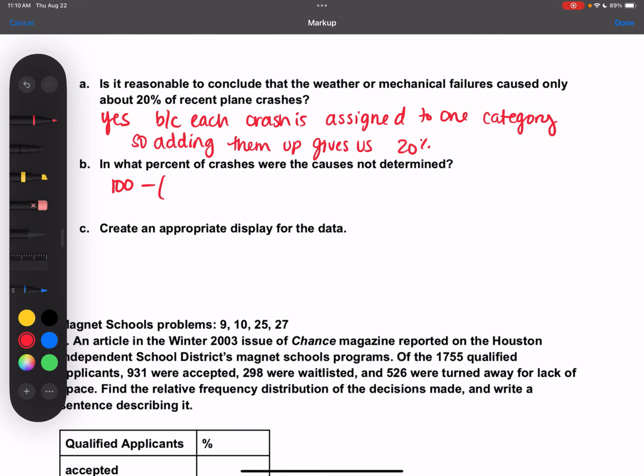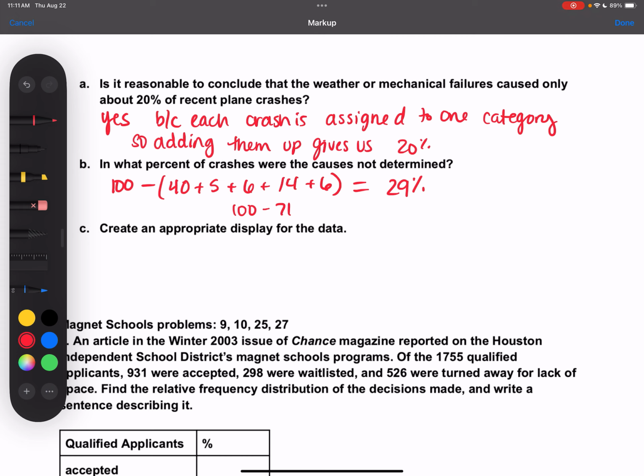So 40 plus 5 plus 6 plus 14 plus 6. I don't have that page in front of me, so if one of those numbers is wrong, just let me know. And that would give me 71. So 100 minus 71 would be 29%. So 29% of the crashes, we didn't know what the cause was.